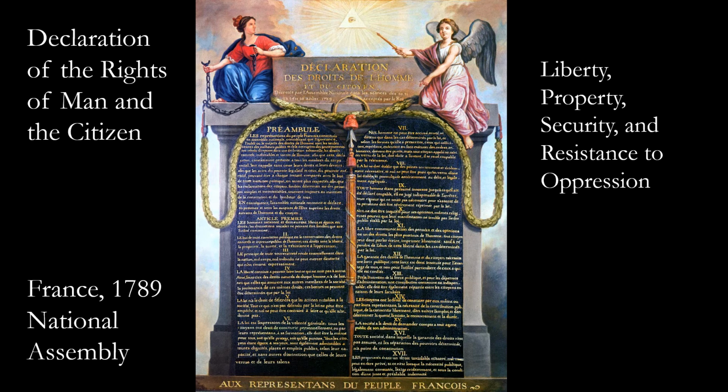So this too is a change from Locke. It's not just life, liberty, and property, but it goes on to say liberty, property, security, and resistance to oppression, life already being defined. So the French, I just want to point this out, are going to go a little further than even John Locke did in his Second Treatise of Government, and certainly their approach is going to be very different than we saw with the American Revolution.